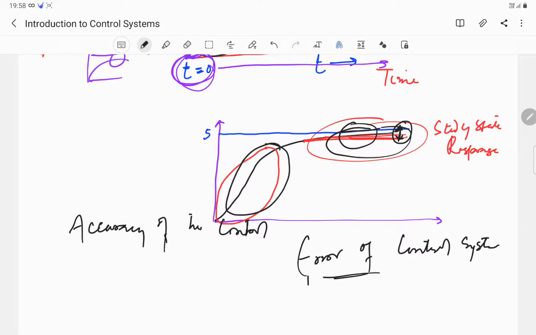The error is the difference between these two values, the actual and the desired. This is the steady state error. The value of the steady state error should be within some specific limits specified by the system engineer.